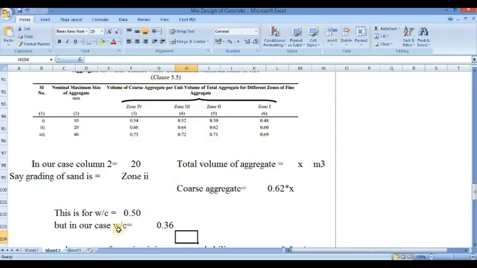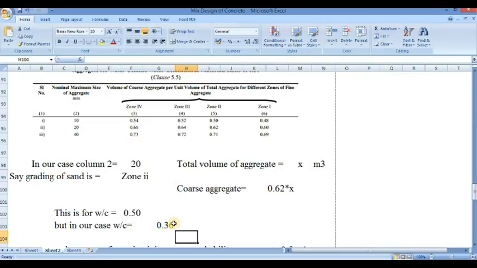So if the water cement ratio is less, or indirectly if your water is less, what will happen? You will get less workability. Say previously the slump was 100 mm, and now as you have reduced the water, the slump will be say 80 mm.